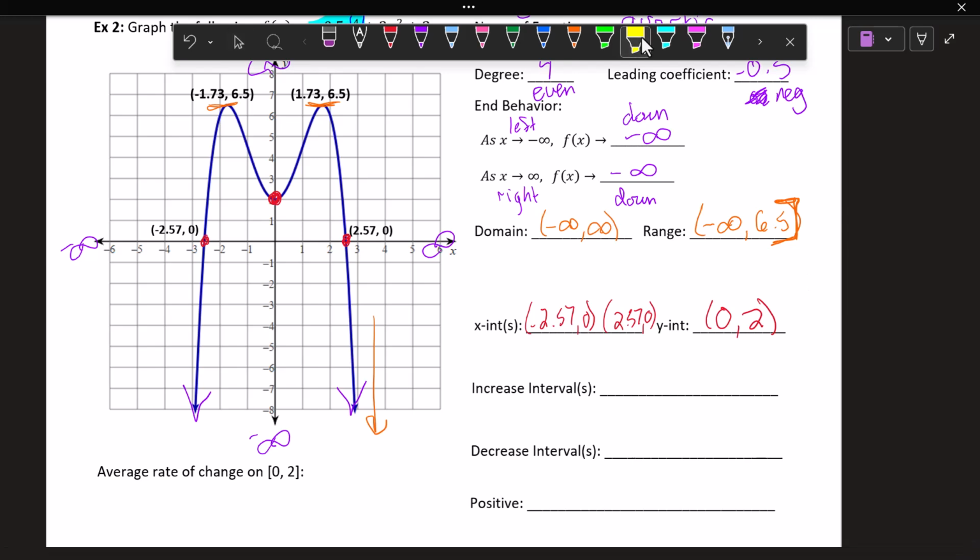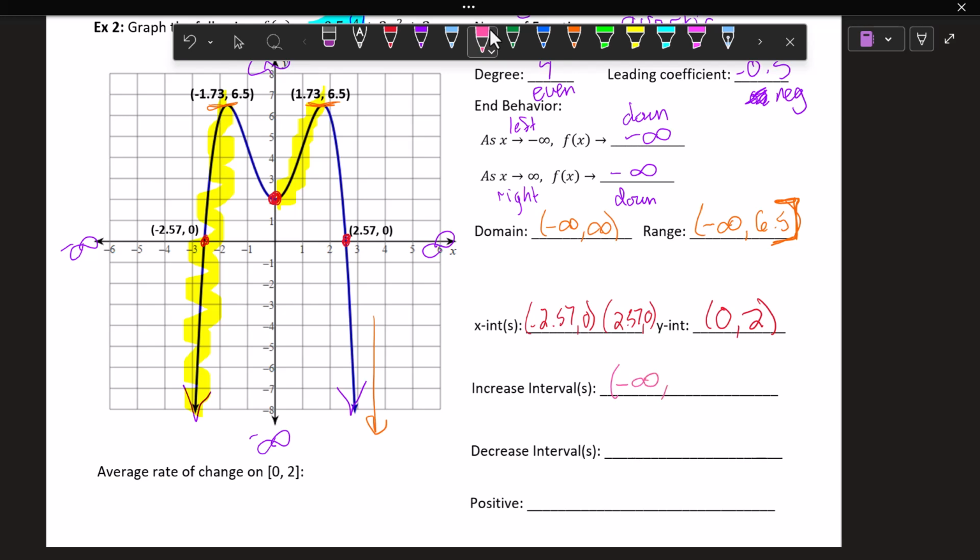Our increasing interval. Increasing here, up. Then we're increasing here, up. So it's just those two parts. So our increasing interval, the first one, this first yellow section, starts all the way on the left, so negative infinity.